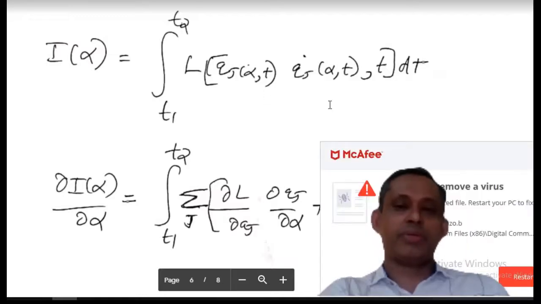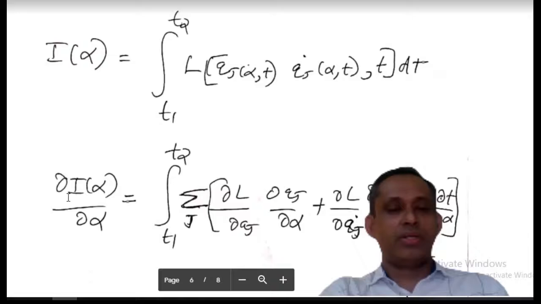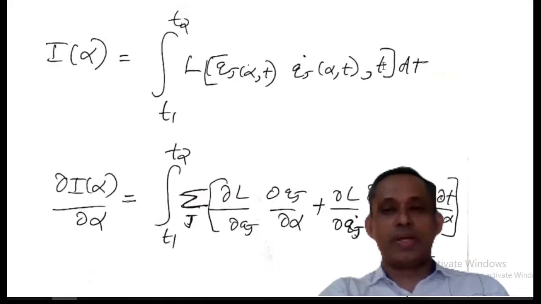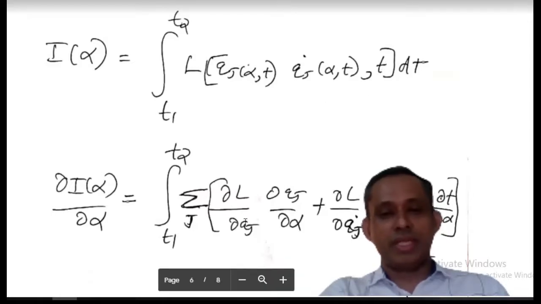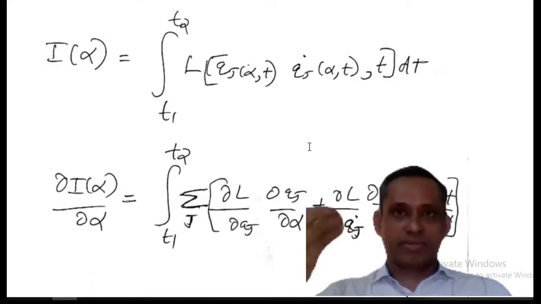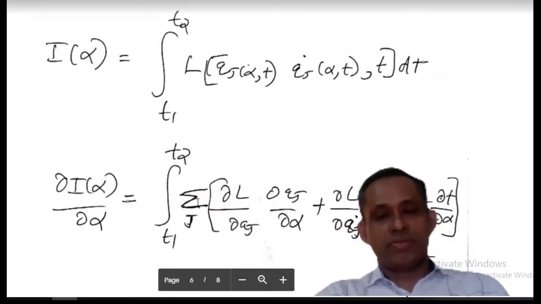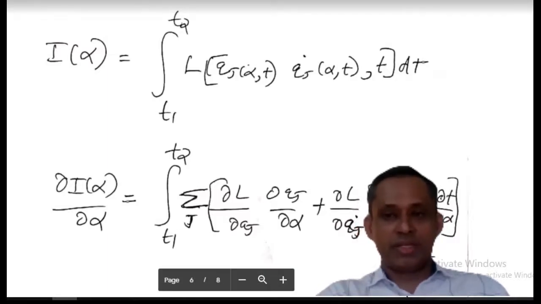It's very clear, because what we are doing is taking dou I dou alpha. Since L is a function of qj, qj dot and time t, we have to take the sum over j, because we have to consider variation with all the coordinates, q1, q2, q3. That's why the sigma j comes in.